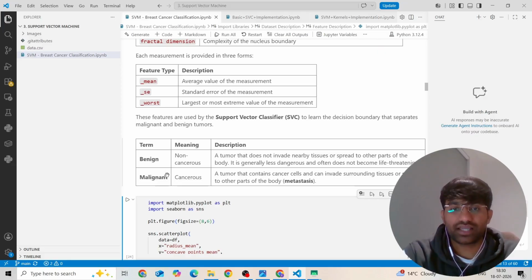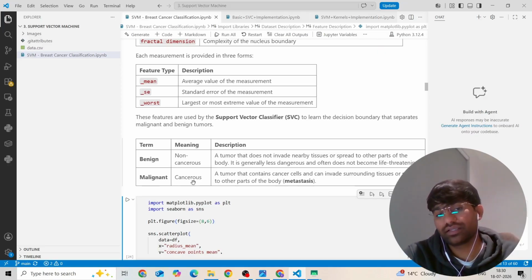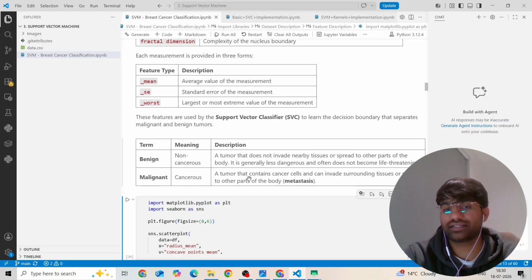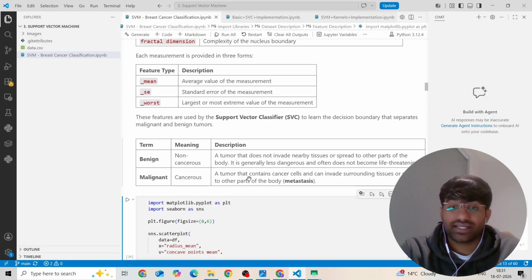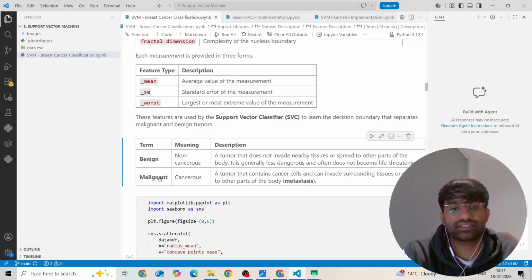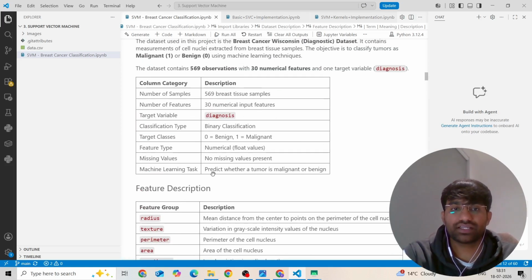And if the diagnosis term is M, that is malignant, then the patient has cancer. The medical test has detected cancer in the cell. Malignant, if it is M, it is cancer, and if it is B, benign, it is non-cancer. The patient doesn't have cancer.